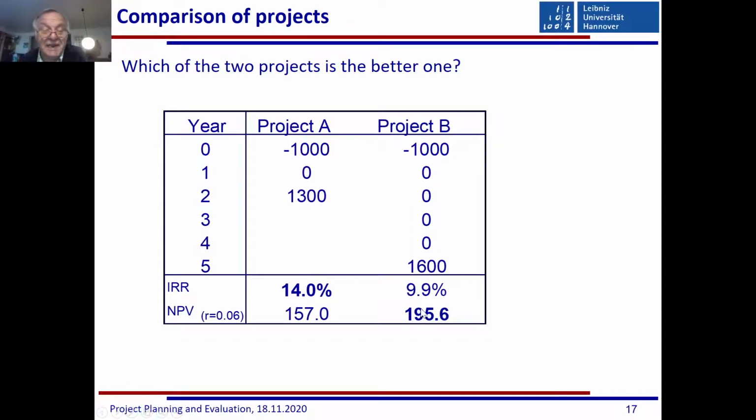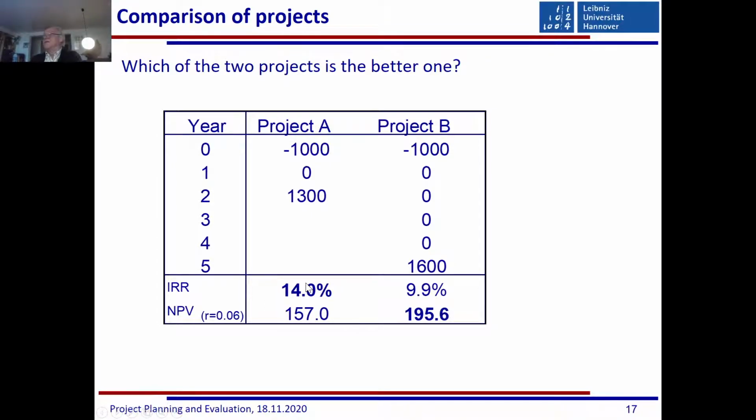So project B, at this discount rate of 6%, or 0.06, is more economical when the discount rate is low. This is what the NPV reacts to. And the IRR, which doesn't need a discount rate, shows clearly that the stronger project is project A.